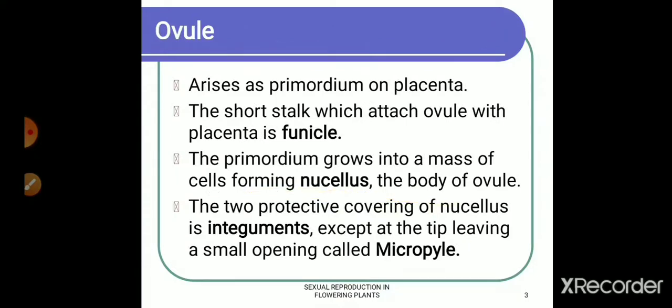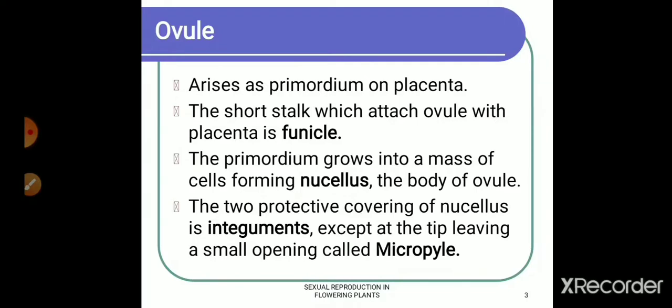What is an ovule? Let us familiarize ourselves with the ovule. It arises as a primordium on the placenta. The placenta, as you know, is a connecting link between the developing megasporangium and the ovary.